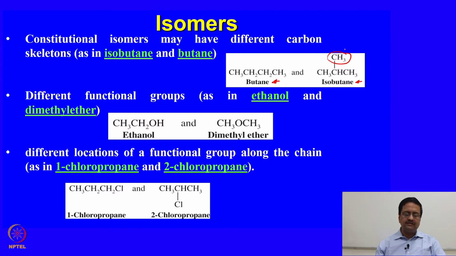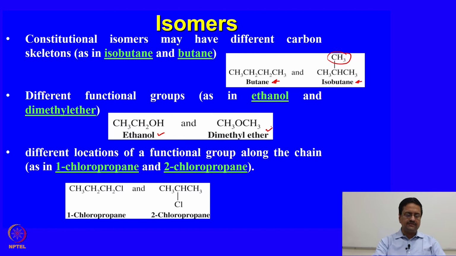A different functional group may give rise to isomerism. For example, we all know in the case of ethanol and dimethyl ether, both of them have the same chemical formula C2H6O, but the way the atoms are bonded is different in these two molecules. So those are two different isomers of the same chemical formula.